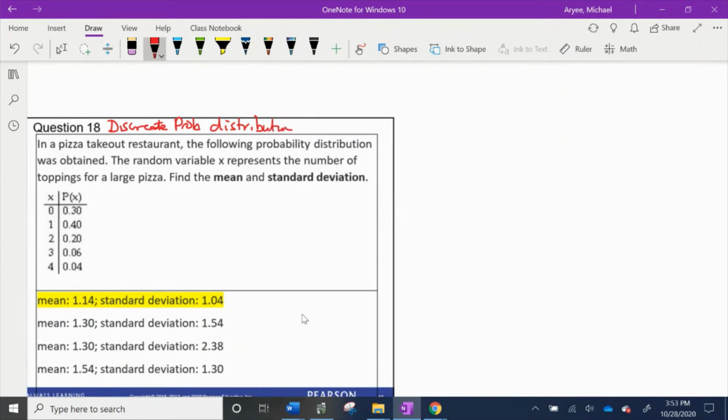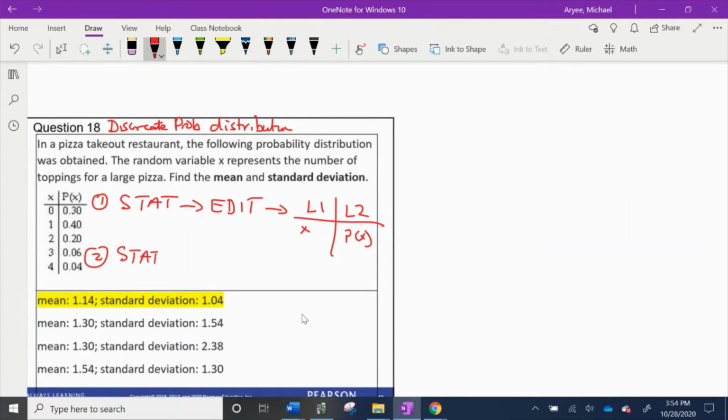Now, all you're going to do is go to stat, then you go to edit, and it shows you L1, L2. Put in the X values on L1, and put in the P of X values on L2. So that's step 1. Then step 2, after you put in the values, go to stat again. At this time, you're going to select calc.